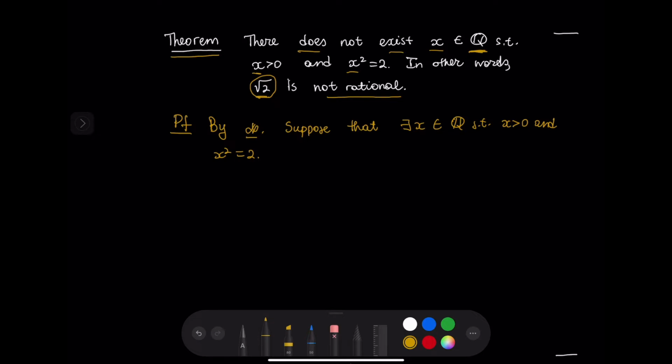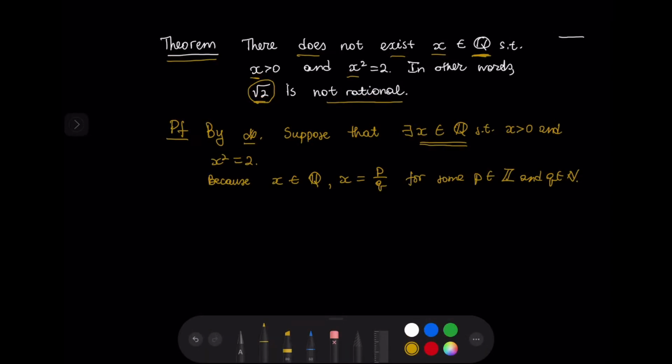Let us try to understand what it means that x is a rational number. That x is a rational number means that x can be written as a quotient p over q. So because x is a rational number, x is equal to p over q for some p an integer and q a natural number.